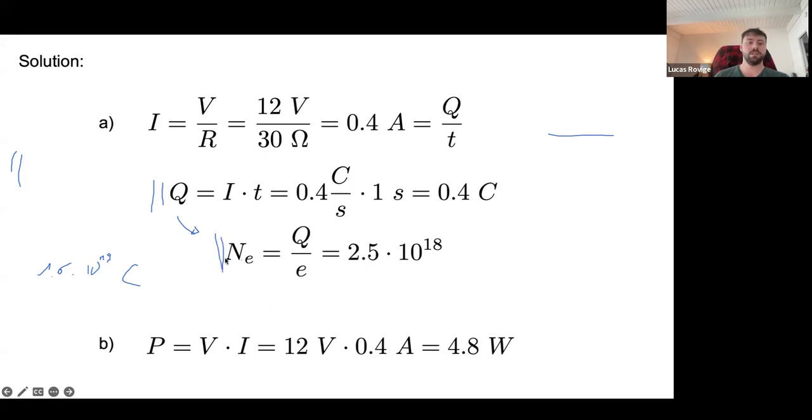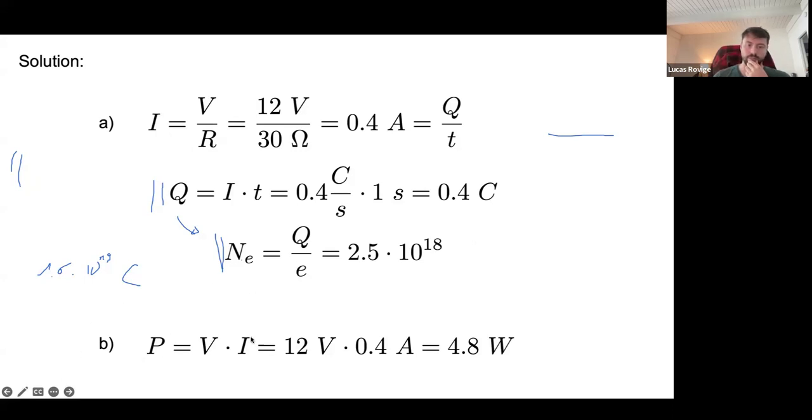So yeah, that's a lot of electrons maybe. And that's just starting from a macroscopic measurement of current, and then going back to its fundamental description of number of electrons.